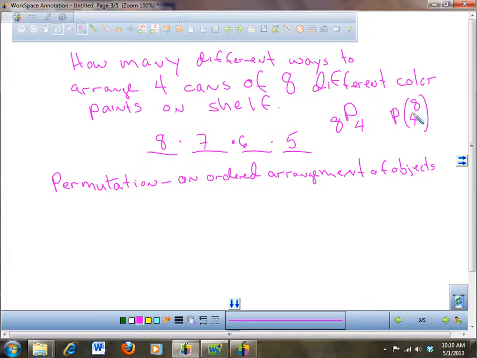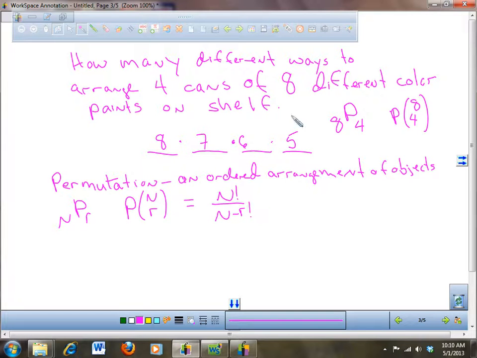So permutation or arrangement of objects, and when you find a permutation, so n permutation r, this is said, n objects taken r at a time, is equal to n factorial over n minus r factorial.